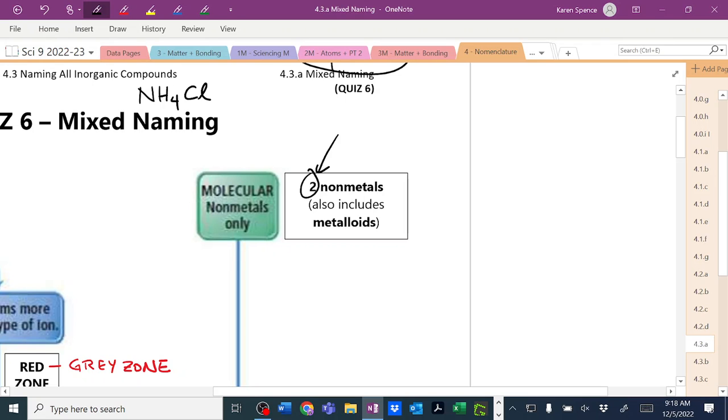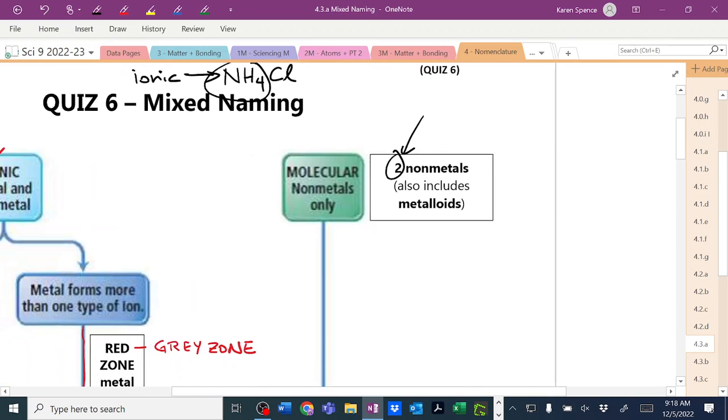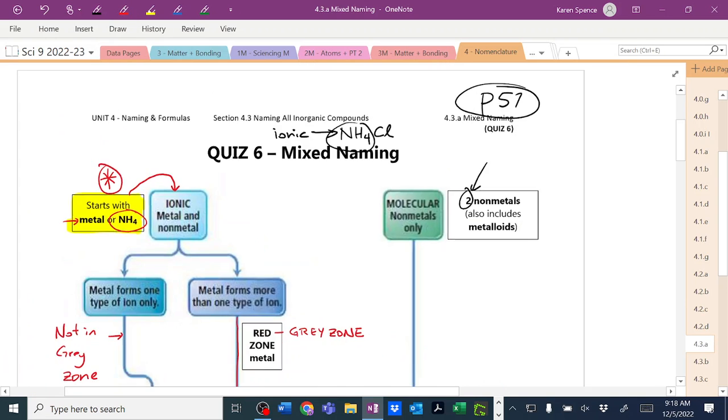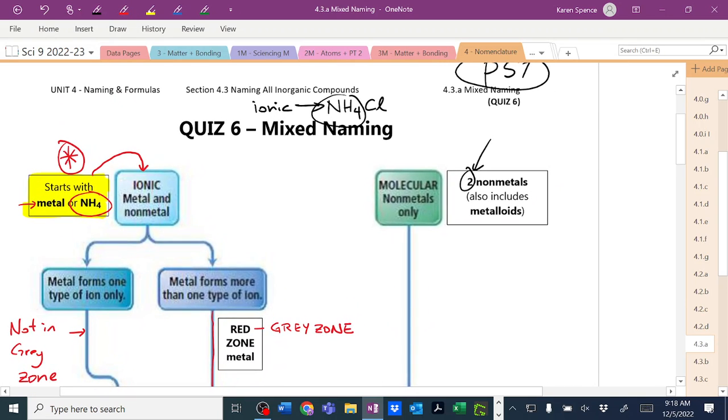Is that ionic or is that covalent? That is ionic because we have that NH4. Okay, so watch out for that. For it to be molecular, it has to be only how many nonmetals? 2. This would also include your metalloids.